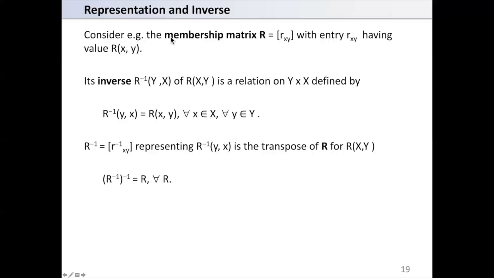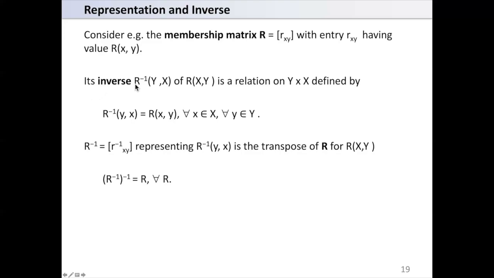Consider, for example, the membership matrix R. Here we have elements for entry xy, with entry r_xy having the value of the relation at point xy.